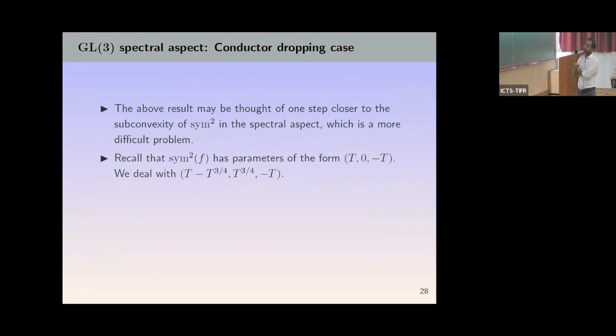Sym square has parameters like T, 0, minus T, and we are taking the parameters like T, minus T to the power 3/4, T to the power 3/4, and minus T.